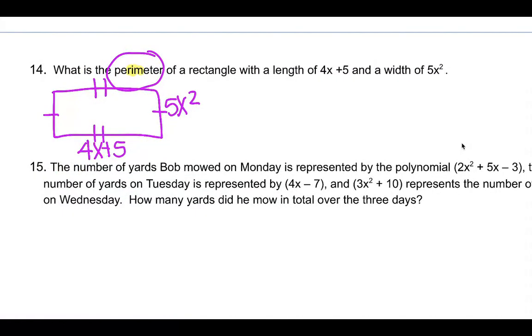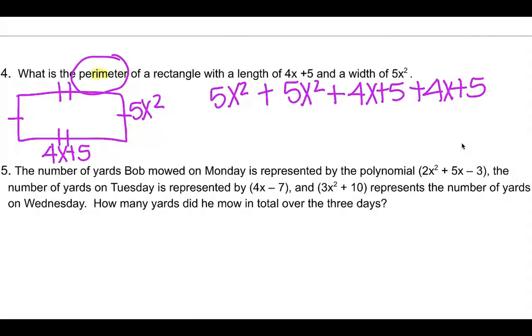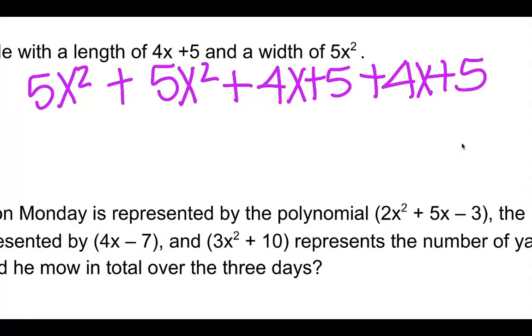So I've got 2 5x squared, so 5x squared plus 5x squared. Then I've got 2 4x plus 5, so 4x plus 5 plus 4x plus 5. So now I'm just combining like terms. Remember, to be a like term, I have to have the same base and the same power. So like an x squared and an x can't go together.